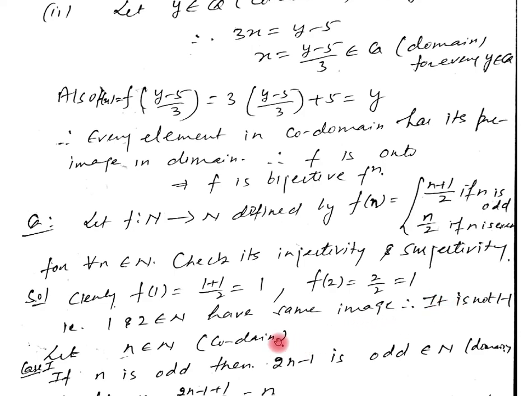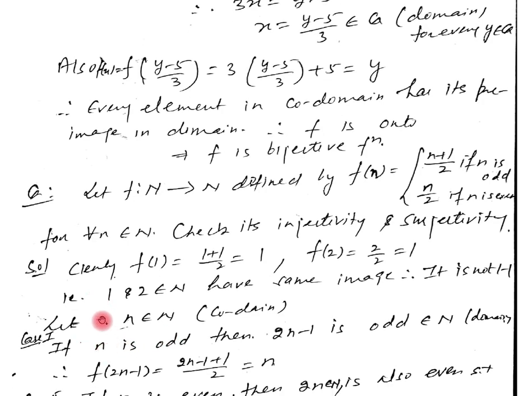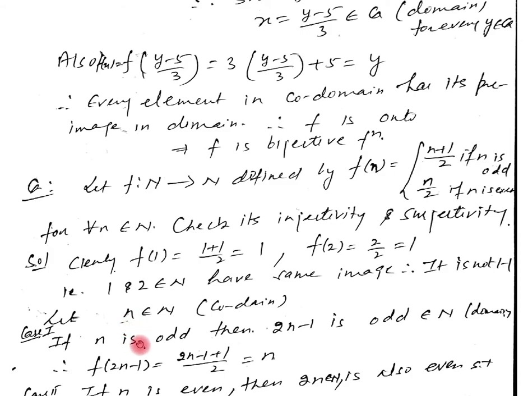Let us check whether it is onto or not. Now, let n belong to the codomain N. If I am taking n belonging to the codomain N, it may be even, it may be odd. Now here we take both the cases.